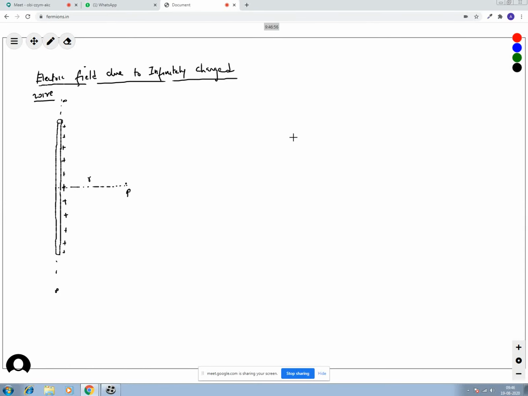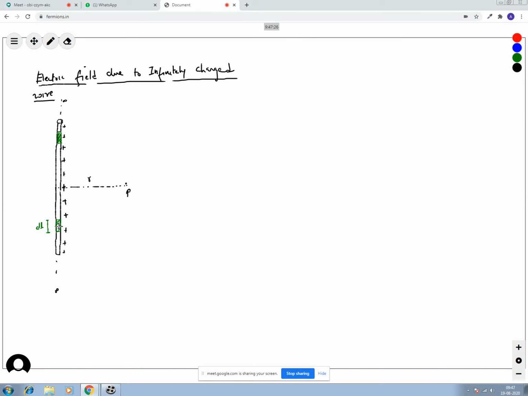Now in order to find it, I have taught you that vector method. So let us define two small regions, this region and another one is this region. The length of this one is, let's say, dl, and the charge it is having is dq.